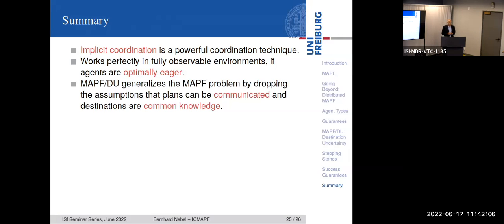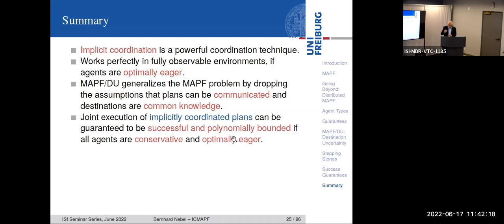If you try it out in environments where you don't have full observability, then you might run into problems, like in our MAPF-DU problem. We still know that we can guarantee successful and polynomially bounded plans, but only if they are conservative and optimally eager. And we know that generating these plans is PSPACE-complete.